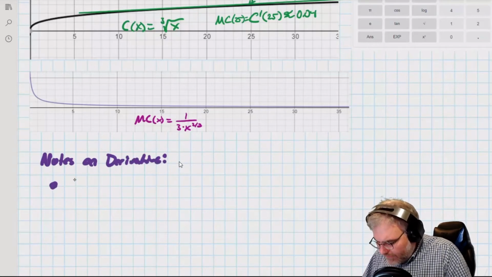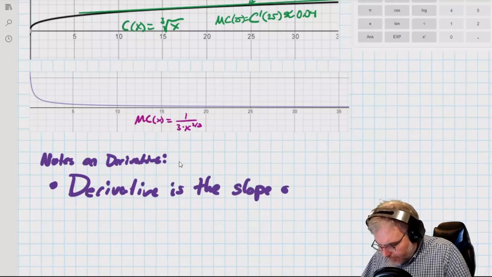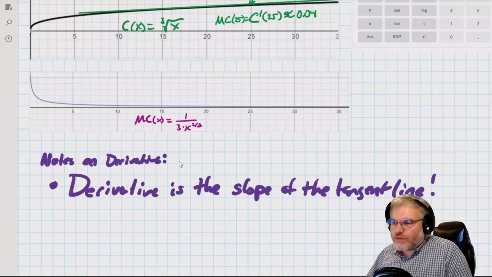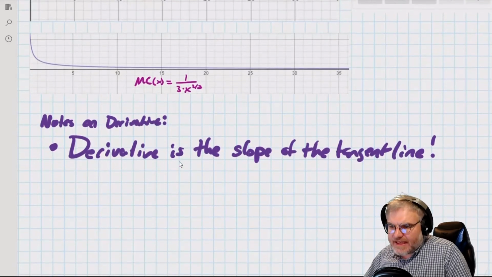One, the derivative is the slope of the tangent line. If you get nothing else from today, get that. That is the biggest idea.